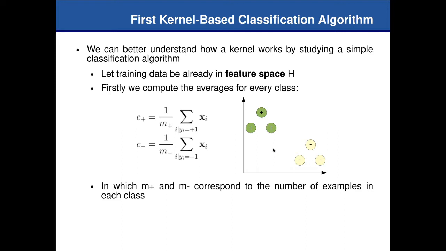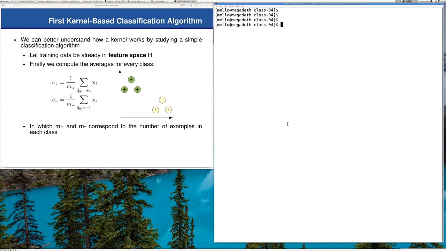You guys can see I'm just computing the sum and the average in terms of the number of positive instances I have in my problem, and here in terms of the negative instances I've got in my problem.